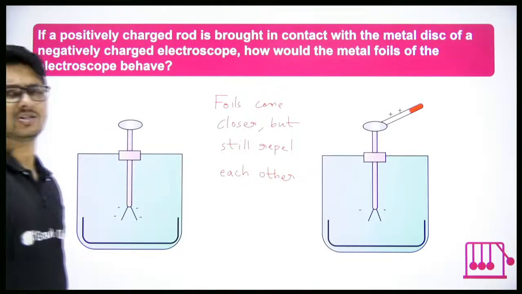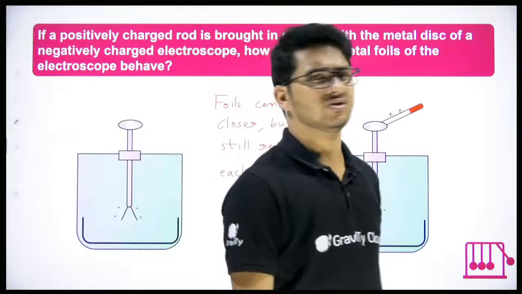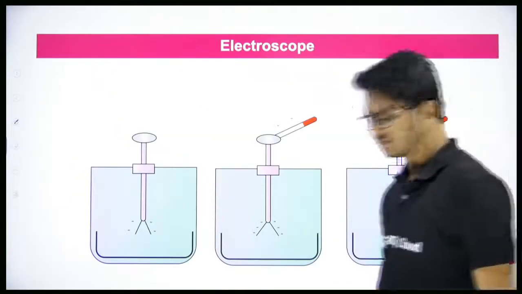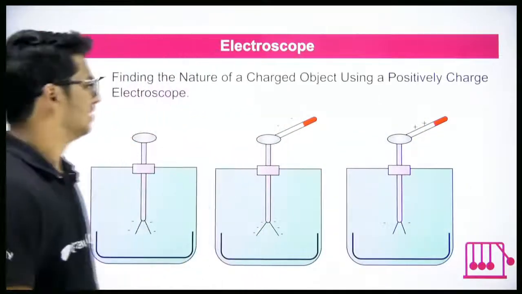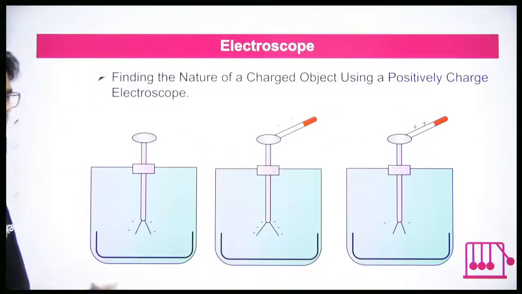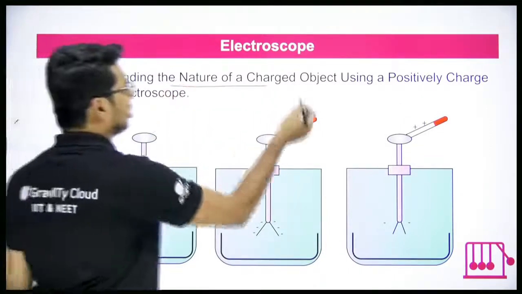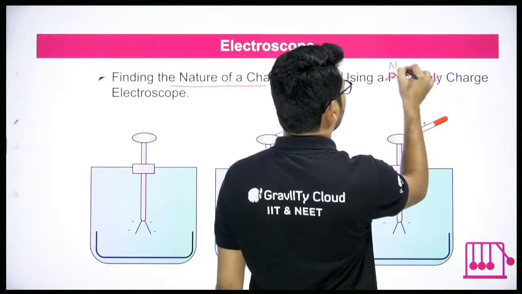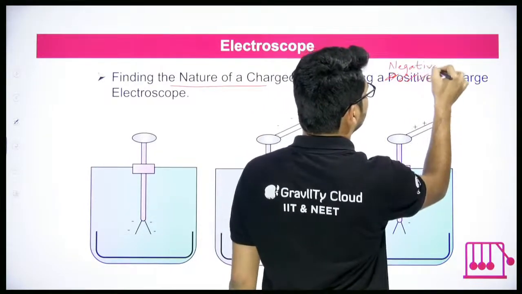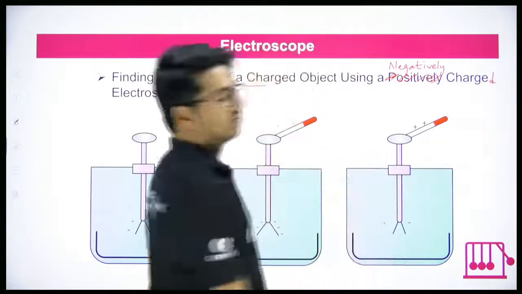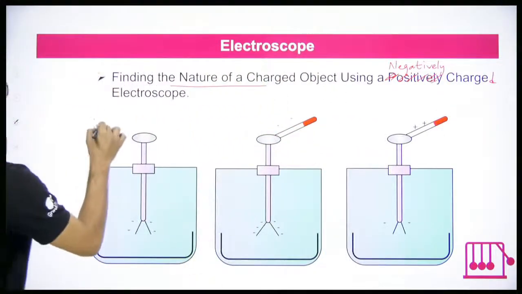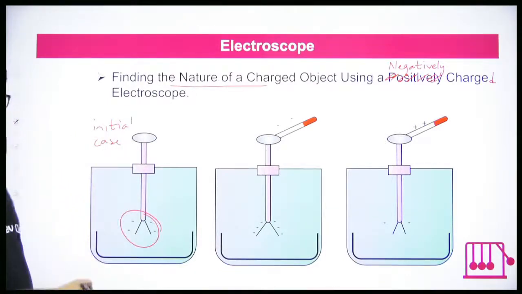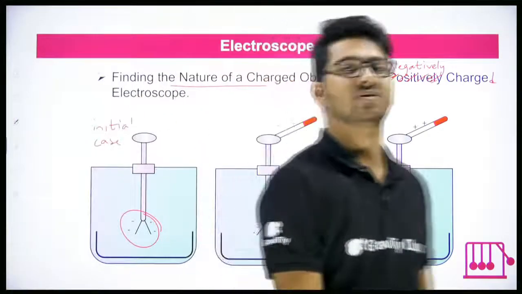So you can use a positively charged electroscope or a negatively charged electroscope, it doesn't matter. Good? Okay. Next. So this is the case of a negatively charged electroscope. I've shown the images to you, very simple cases, you can go through them. Finding the nature of a charged object using a negatively charged electroscope. So this is the initial case. You can clearly see that initially the leaves are negatively charged.